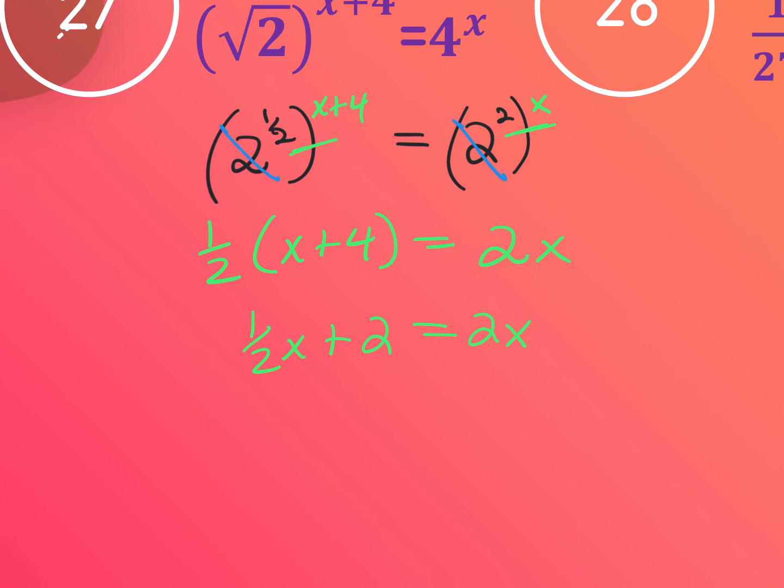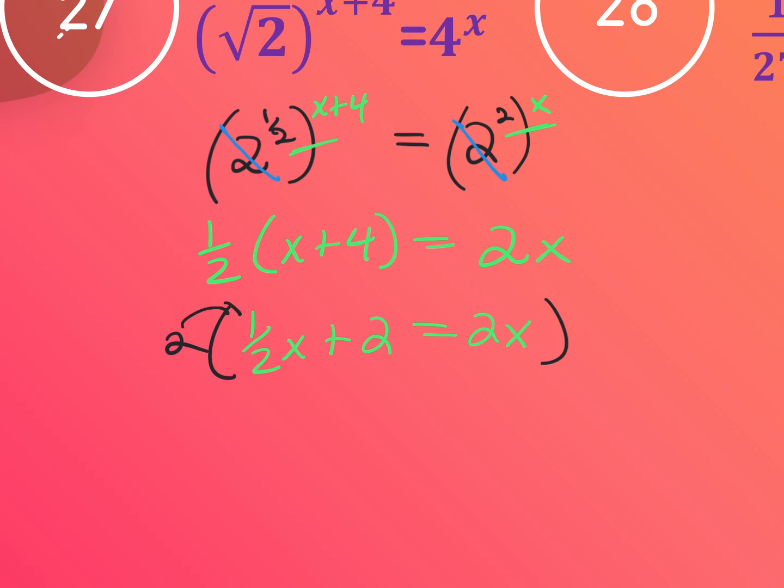Now, you can work with this as a fraction if you choose. I'm going to clear the fraction. I'm going to multiply everything by 2. But if you'd rather subtract the half and get 1.5x, you can do that. But what I'm going to do is multiply everything by 2 to clear the fraction.